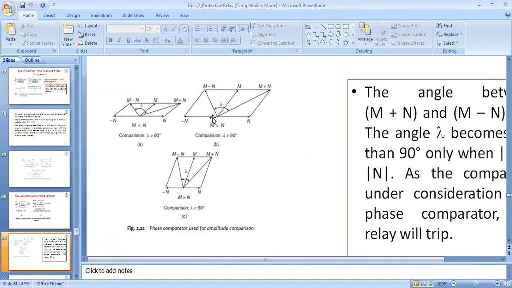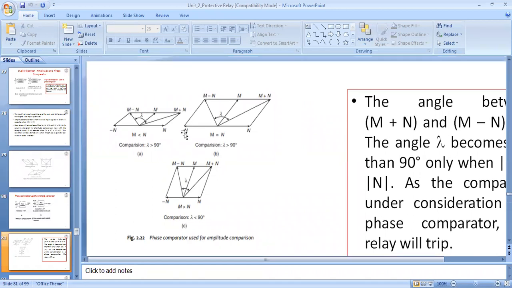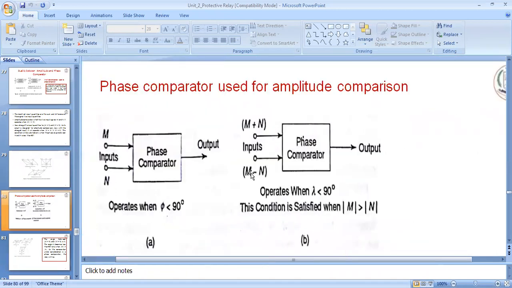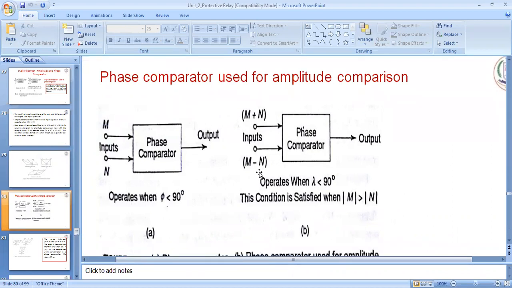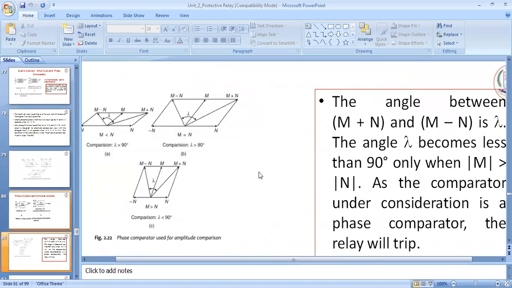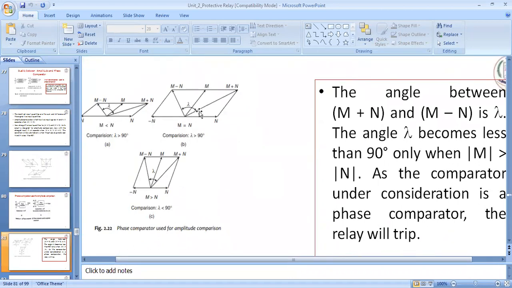You can check M minus N and M plus N. Here this is M plus N, this is M minus N. Why are M plus N and M minus N being compared? Because that is the input you are giving: M plus N and M minus N. So the angle between these two will make this phase comparator work as an amplitude comparator. That is why they are checking this angle, M minus N and M plus N.